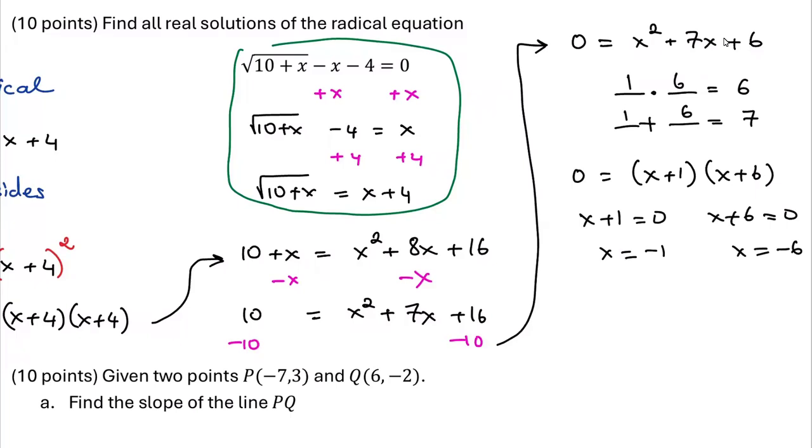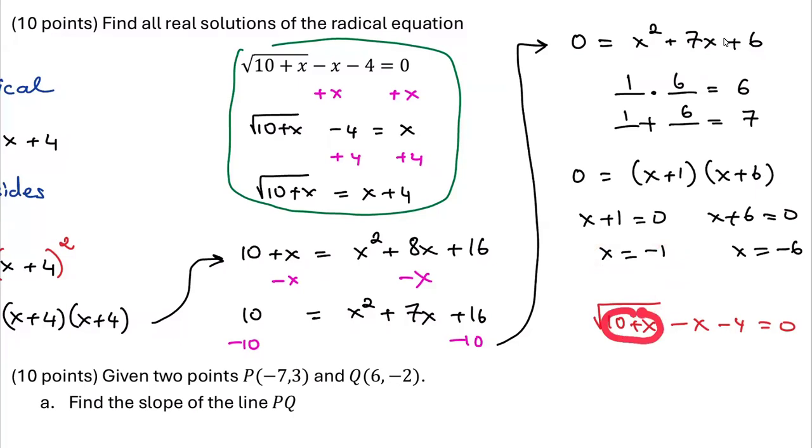Do not call it the final answer yet because we need to verify it. The original equation was square root of 10 plus x minus 4 equals 0. So what we need to do right now is verify by plugging -1 into the x. So let's do it quickly. I have 10 plus -1 is a positive 9.